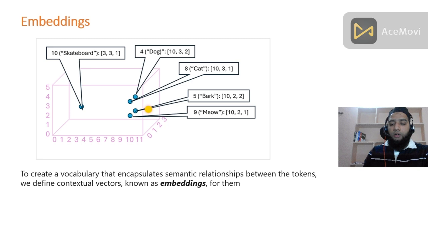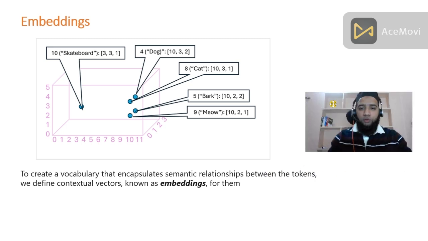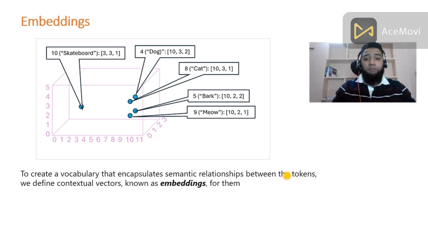This is also done to create a vocabulary that encapsulates the semantic relationship between tokens we define in the contextual vector, and this is also called embeddings. I hope embeddings make sense. I know it's a very complex topic and difficult to understand, but I think this explanation has helped.